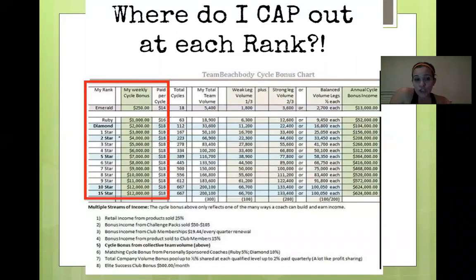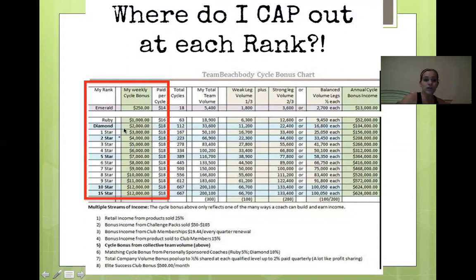So you could, in theory, be losing out on a crap ton of money, because even if you were ruby, you cap out at $1,000. That is a huge difference. That is a huge incentive in and of itself to get yourself to that rank advancement. Not only are you making more money per cycle, but your cap out is much, much higher.